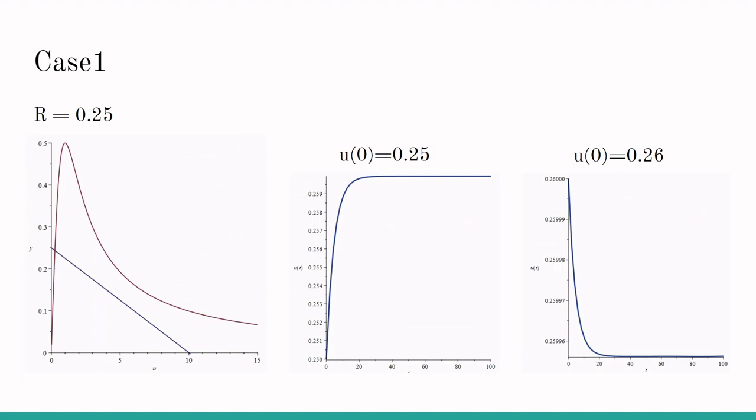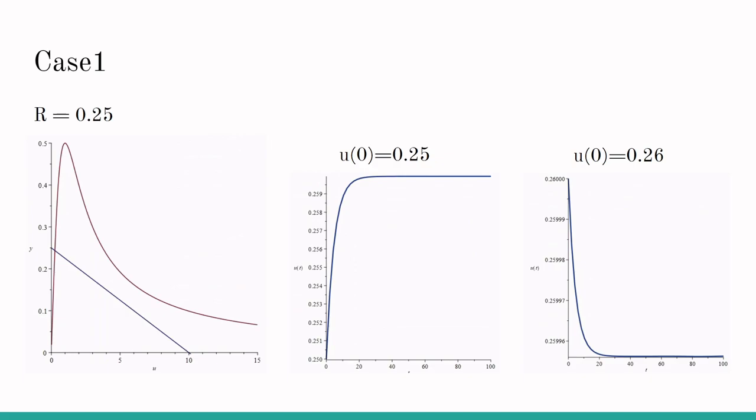So, between 0.25 and 0.26 is our critical point. To the left, if we initially start with 0.25 worms, since this is unitless, it's kind of arbitrary, but just keep in mind this is a very small amount.